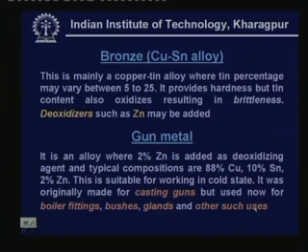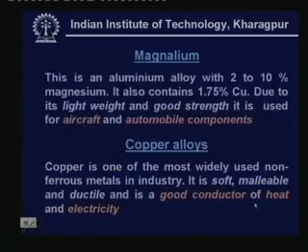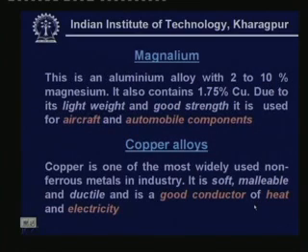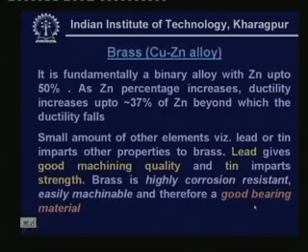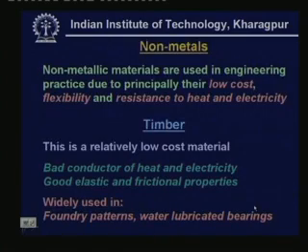So, now you have seen that for the non-ferrous metals, the important materials that come into the picture are aluminium, which has duralumin, Y-alloy, and magnesium. Then we have the copper alloys, which are brass, bronze, gunmetal.